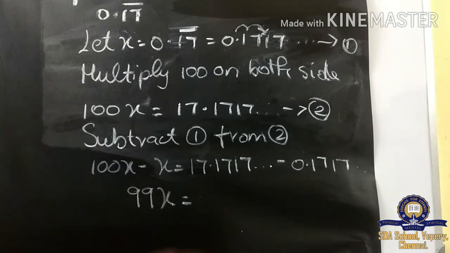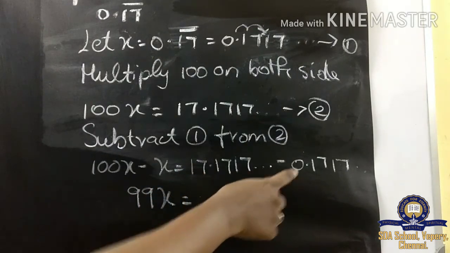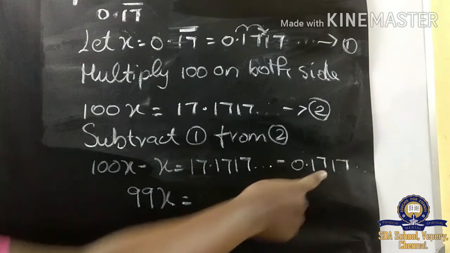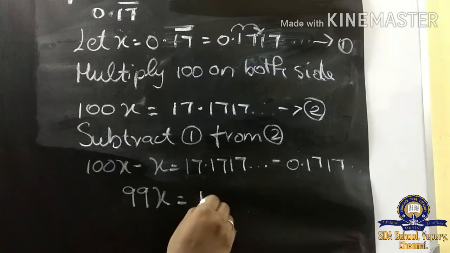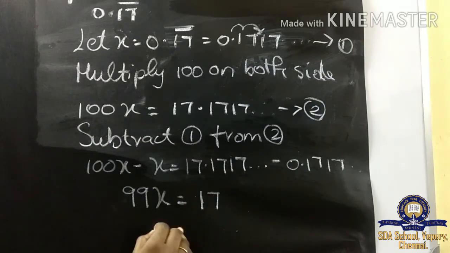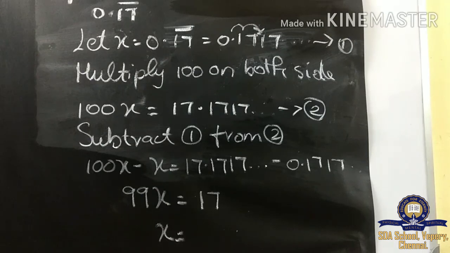If you subtract 17.1717 minus 0.1717, the answer will be 17. And here we get down the 99. So x is equal to 17 divided by 99.